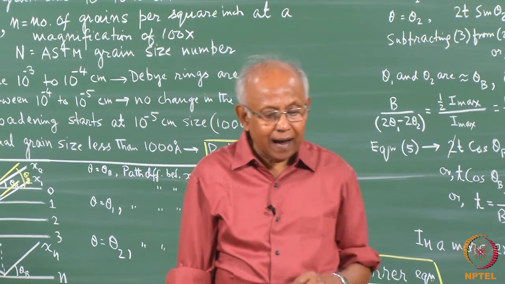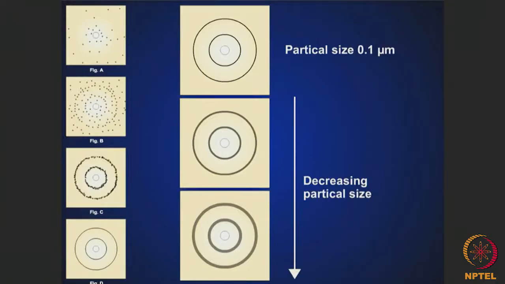So, here we have a number of pinhole photographs. These are the 4 which I have already shown. Here the particle size is 0.1 micron, and then it goes down, decreasing particle size.